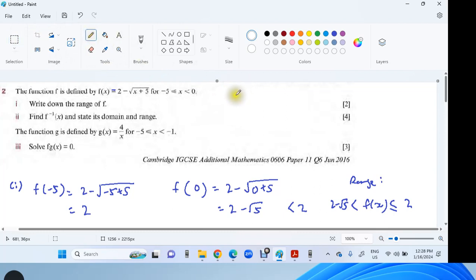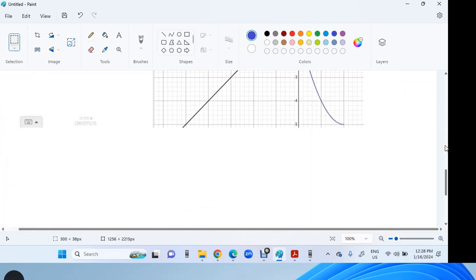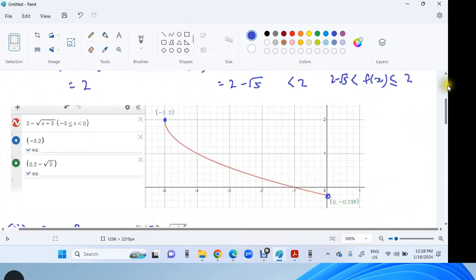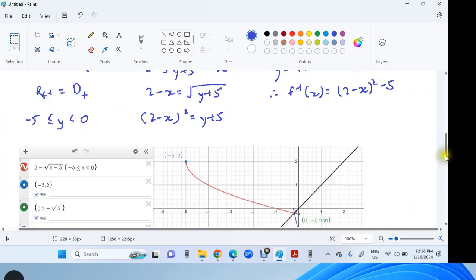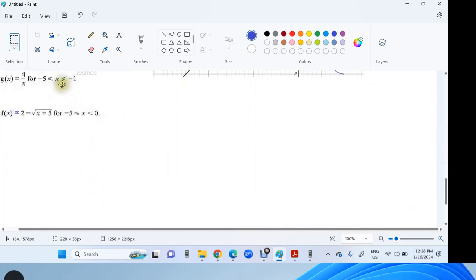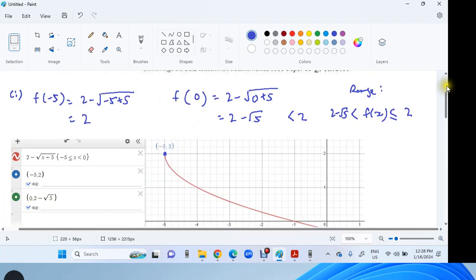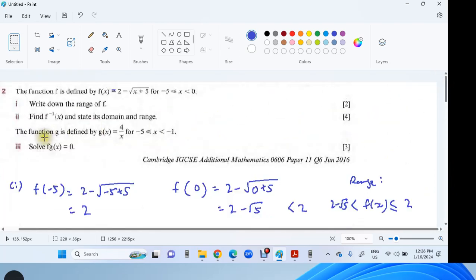So we have f(x), which is this, and then we have g(x), which is this. And the question wants us to solve for fg(x) equal to 0.